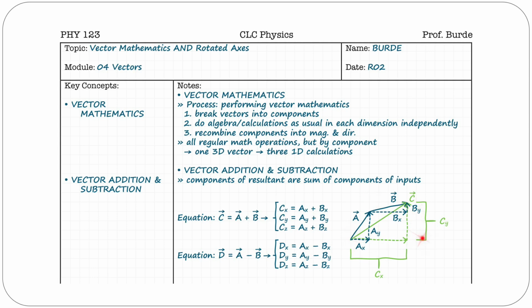Here we've sketched this in two dimensions. If we had a z direction, we could simply add the z components as well. If we're going to subtract two vectors, we've seen how to do that, but if we break them into components, we can simply subtract the components to find the difference between those two vectors.